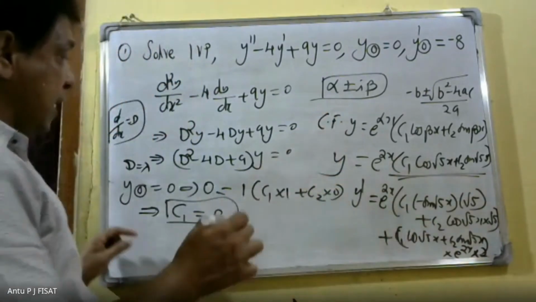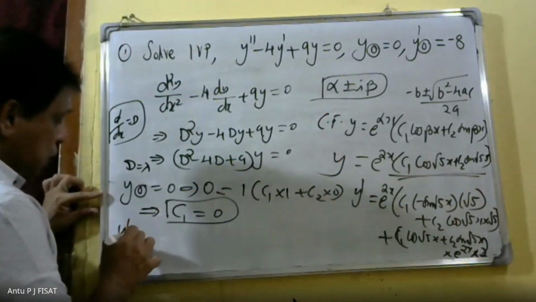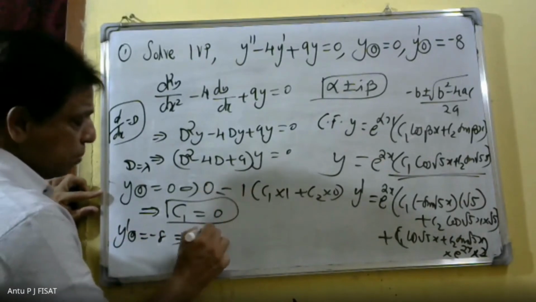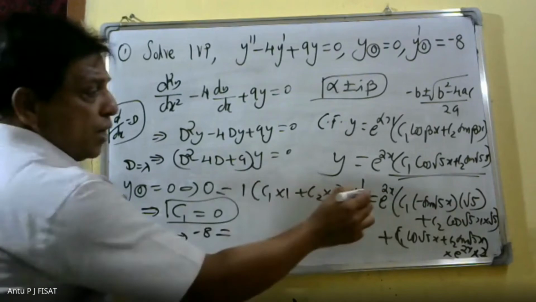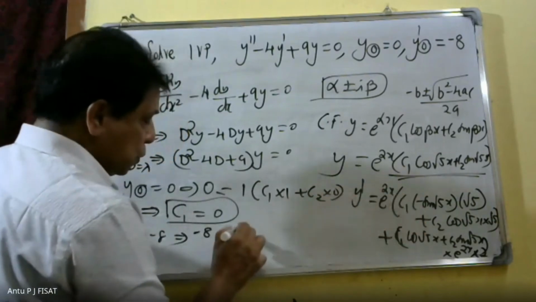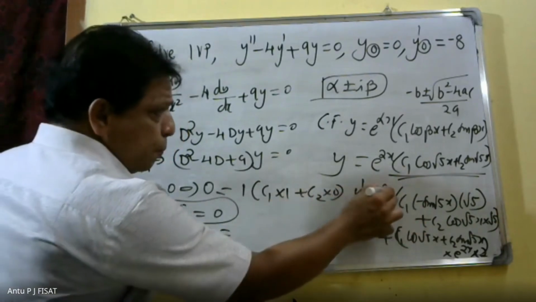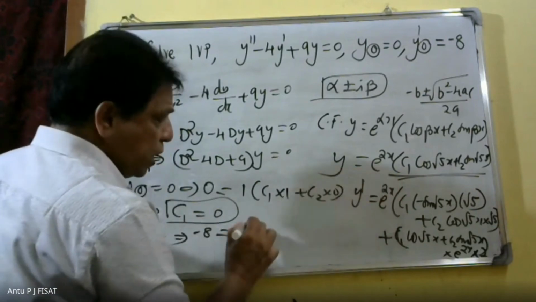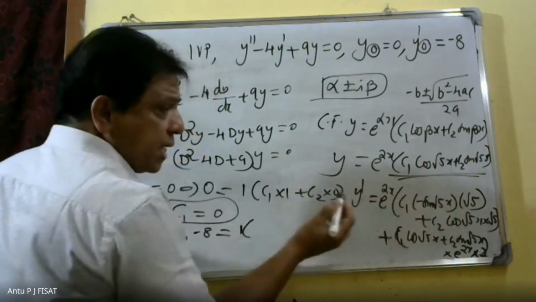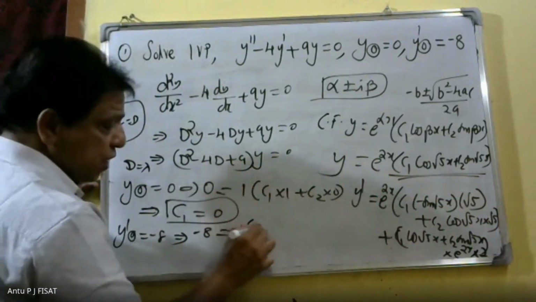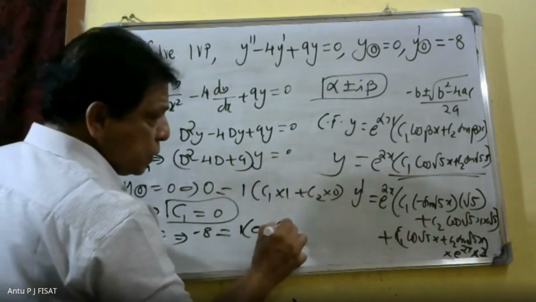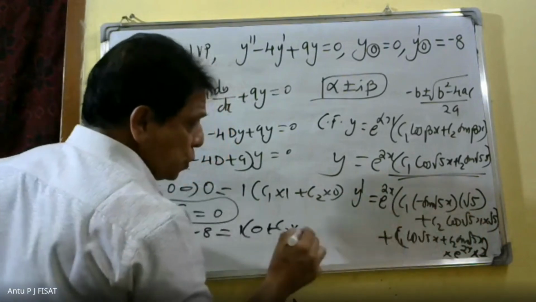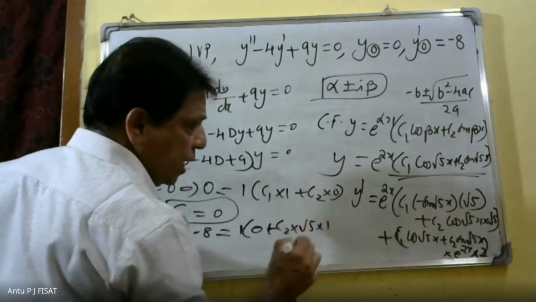Then apply the initial condition y dash (0) is equal to minus 8. We know the value of c1 is equal to 0. When we put x is equal to 0, e raised to 0 is 1. The first term will be 0 because c1 is equal to 0, plus c2 into cos 0 into root 5, which is root 5 into 1.